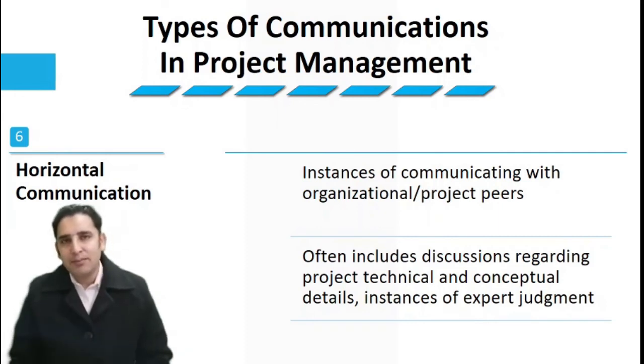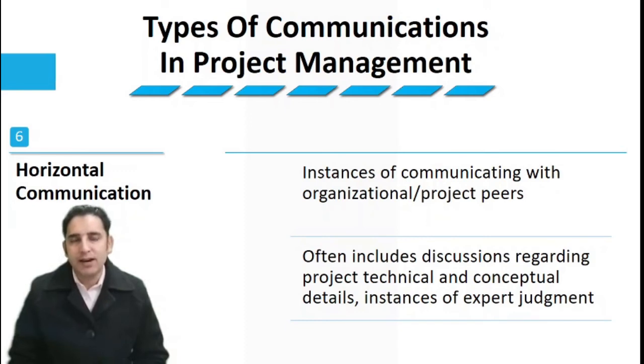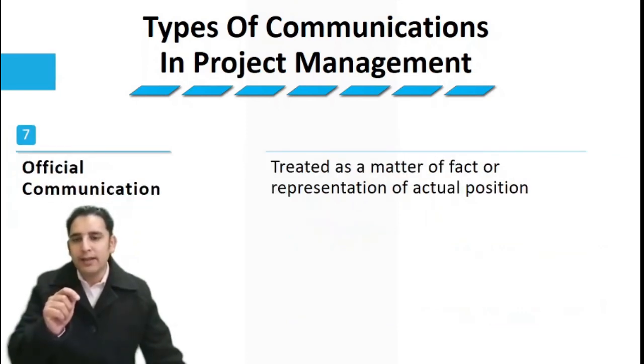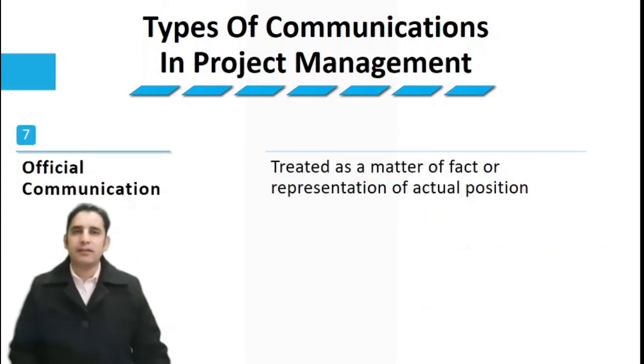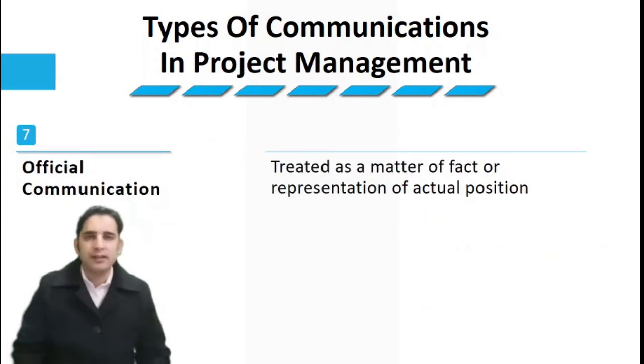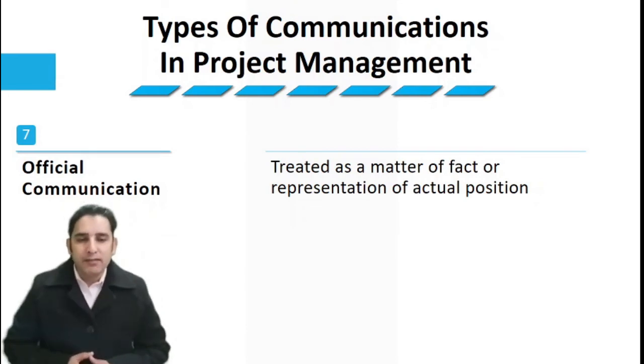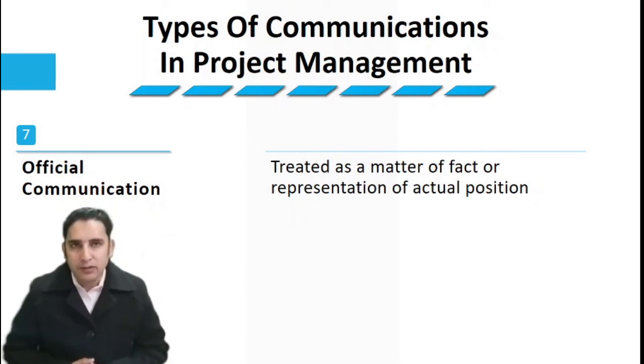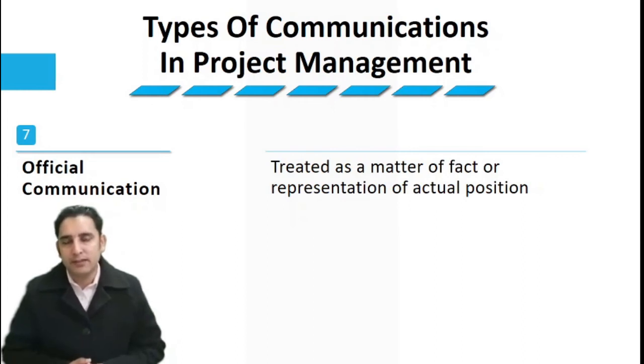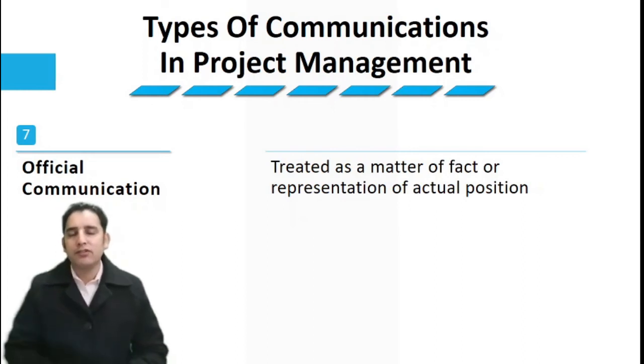The seventh type of communication the Project Management Body of Knowledge has defined is the most crucial among all the communications, and is known as official communication, because this is the communication that can be treated as a representation of the actual position, where the project manager is representing the actual position about the project.